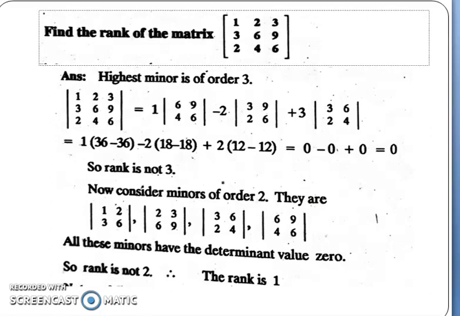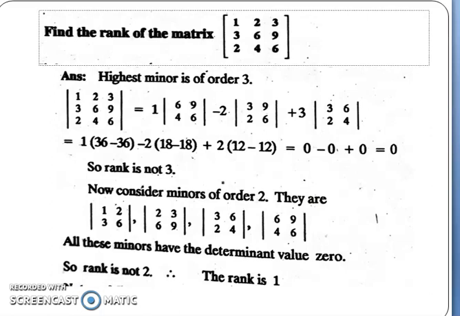Its highest minor is of order 3, so its determinant itself. The determinant of 1 2 3, 3 6 9, 2 4 6 is 1 into the determinant of 6 9, 4 6, minus 2 into the determinant of 3 9, 2 6, plus 3 into the determinant of 3 6, 2 4, which is equal to 1 into (36 minus 36), minus 2 into (18 minus 18), plus 3 into (12 minus 12).